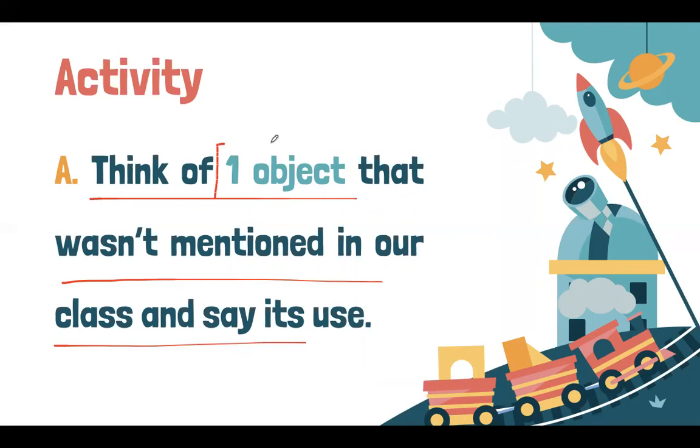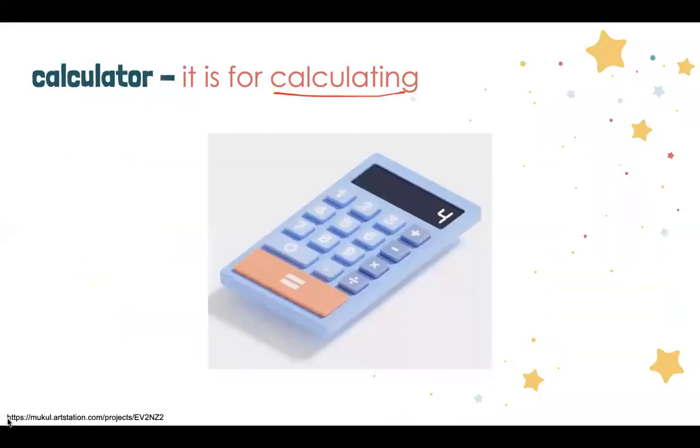One object that wasn't mentioned in our class and say its use. So when we say wasn't mentioned, not in our class. Any calculator might try because it's finished. Not in our class.